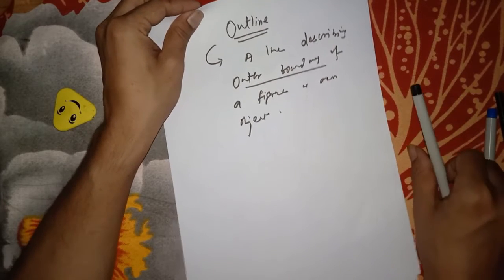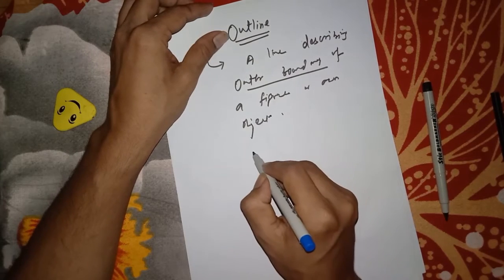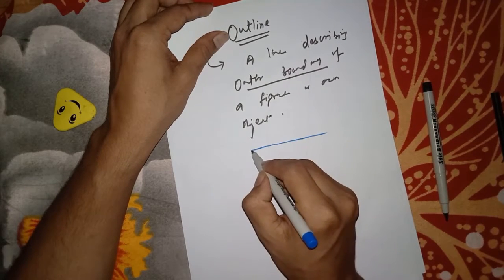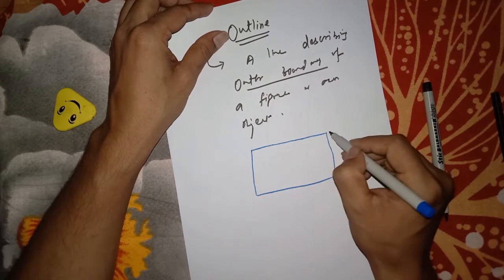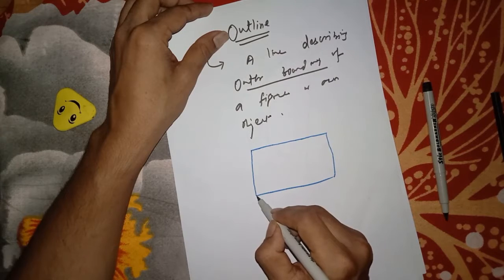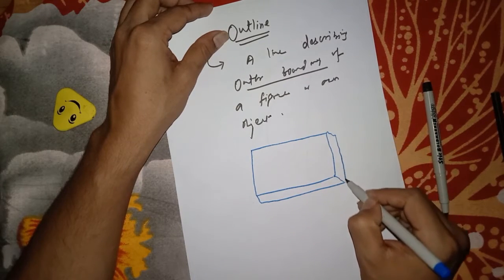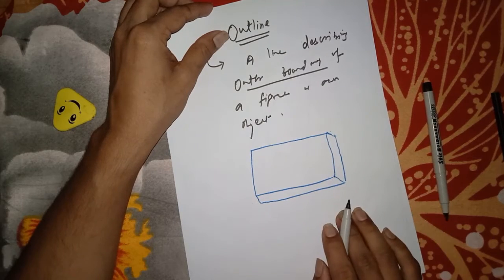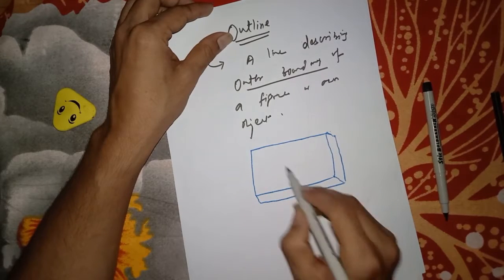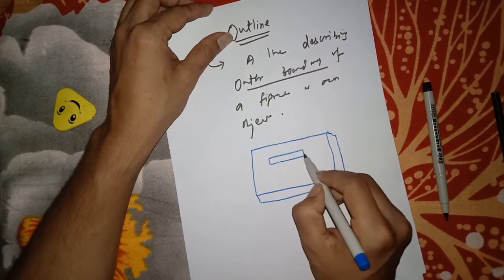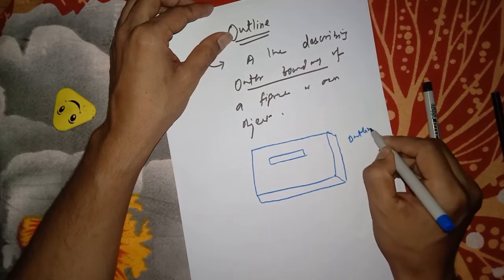Outer boundary means if I want to draw a book, the outer boundary of the book may be this. This is the outline. Have you got my point?